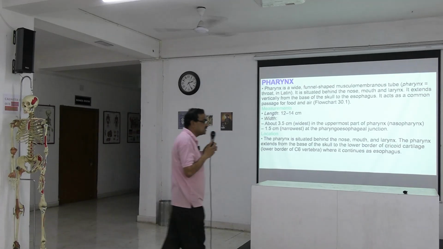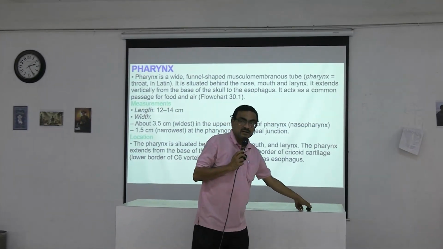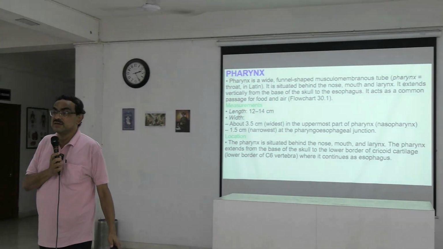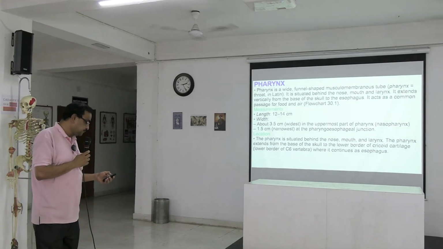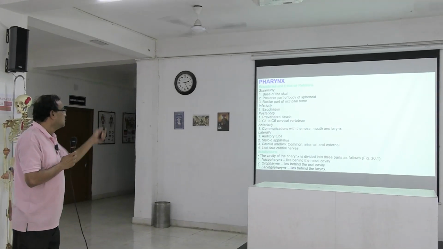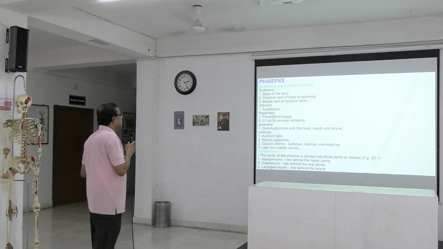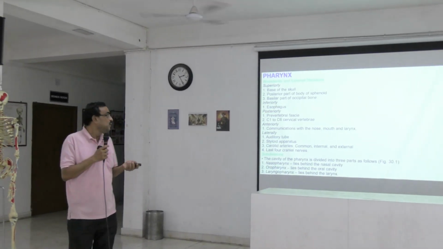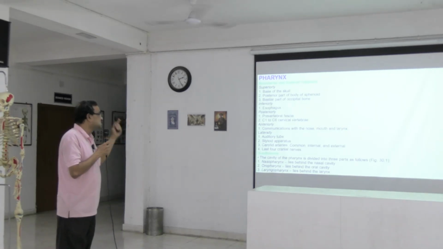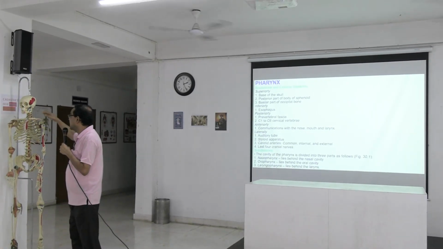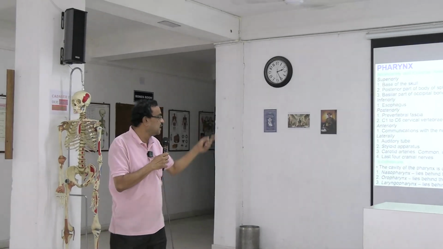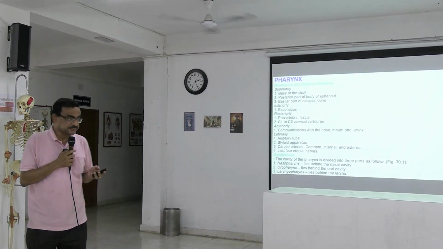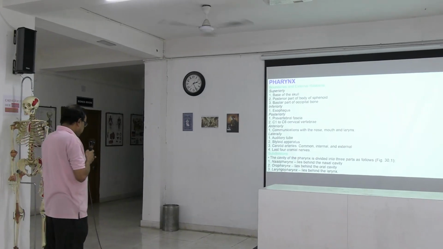The lower border of the C6 vertebra is the junction between the pharynx and the esophagus. So superiorly the base of the skull, posteriorly the prevertebral fascia and the vertebra, and inferiorly it is continued with the esophagus.